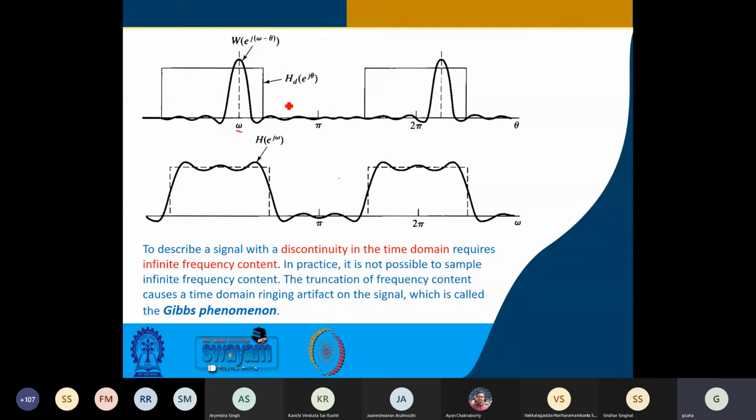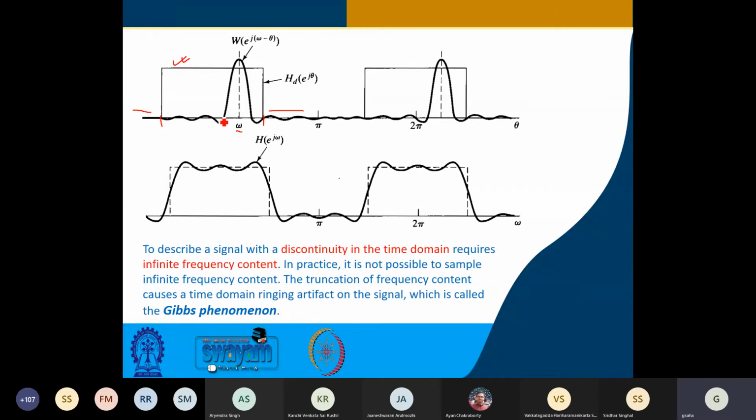And this is your H_D e to the power j theta. This is the brick wall, the basic, the desired one. And for this particular value of omega, you see the amount of overlap, right? From this point to this point. Rest of the points there is no overlap. This is brick wall, so these are 0 over here. So this doesn't contribute.